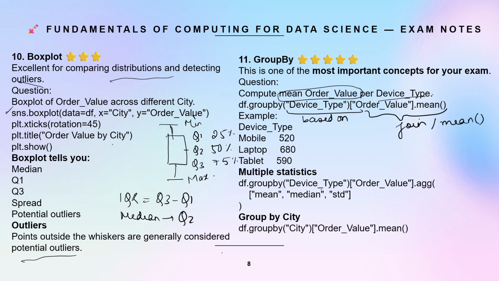Similarly, when you have to apply multiple statistics to the same set of columns, you can use .aggregate. Then you can use mean, median, standard deviation, like this. Similarly, if you have to group by city, you just replace it by city and club it using the order value.